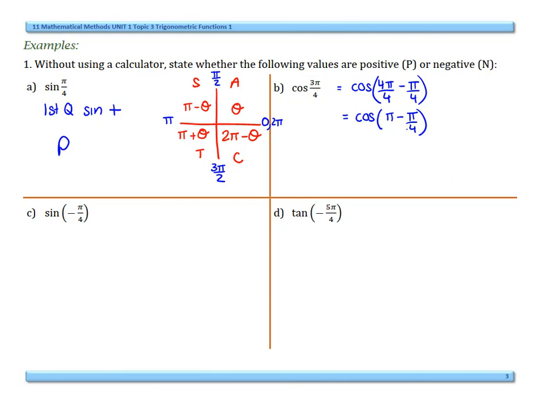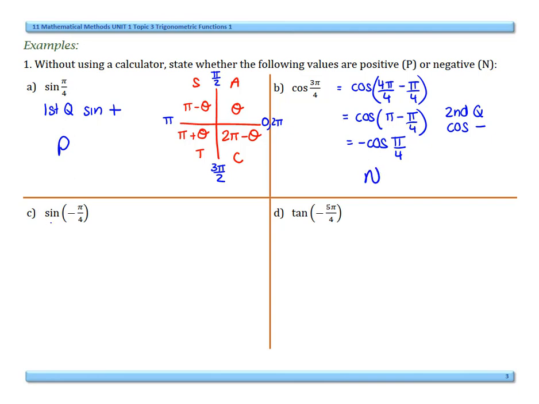Pi minus theta is our second quadrant. So we know we're in our second quadrant, and in our second quadrant only sine is positive, so cos is negative. So this is exactly the same as negative cos of pi on 4, going back to that reference angle in our first quadrant. So we are negative.